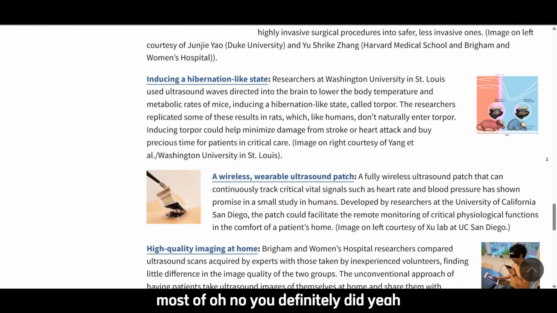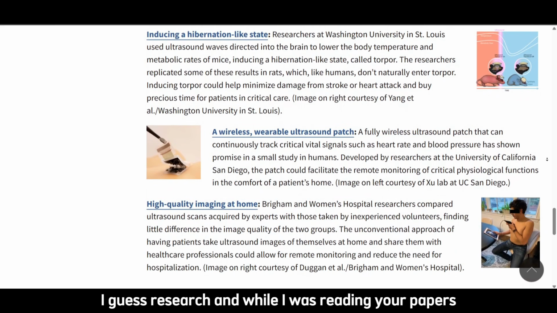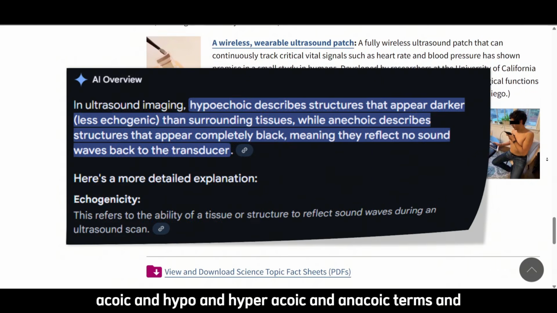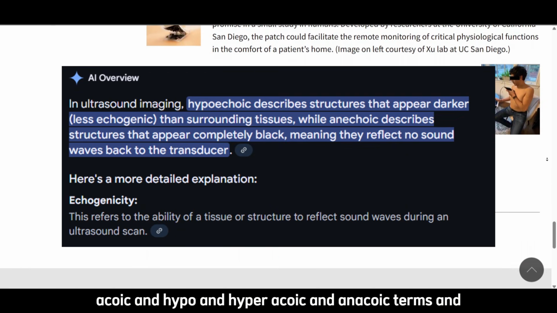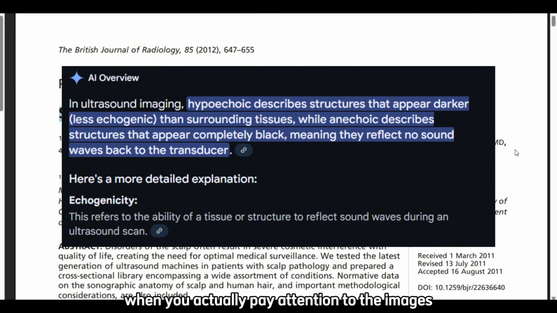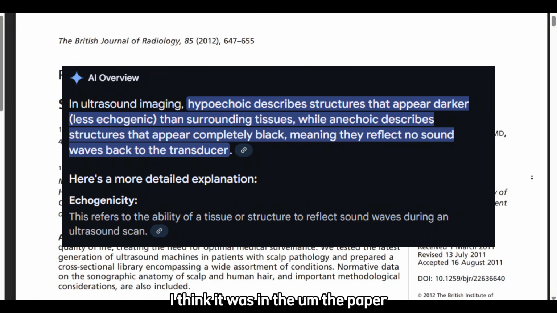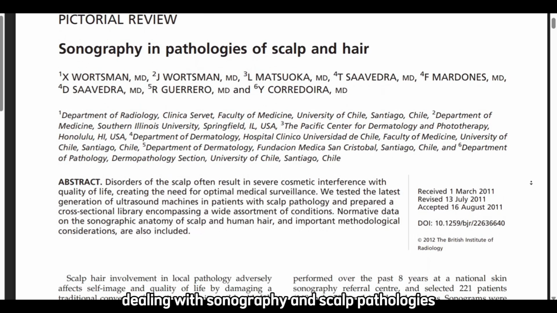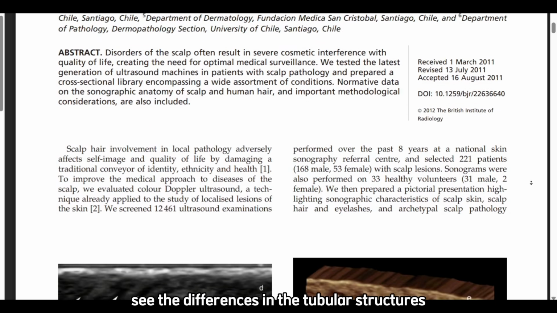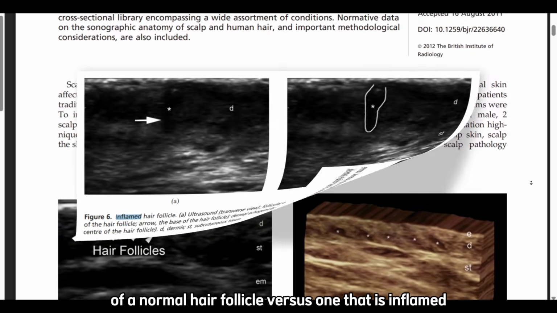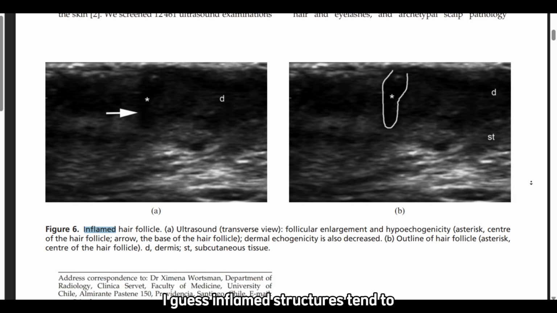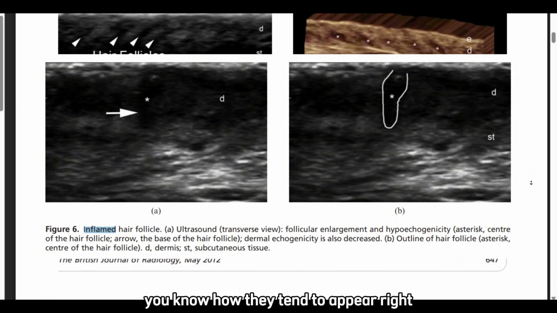Oh no, you definitely did. In my research, while I was reading your papers, I became acquainted with the hypoechoic, hyperechoic and anechoic terms. It was very interesting because when you actually pay attention to the images, I think it was in the paper dealing with sonography and scalp pathologies, you can see the differences in the tubular structures of a normal hair follicle versus one that is inflamed, and get an understanding of how inflamed structures tend to appear, right?